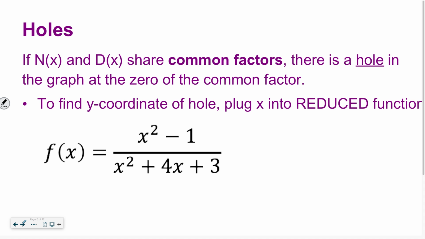If the numerator and the denominator of n of x over d of x share common factors, there is a hole in the graph at the 0 of the common factor. To find the y-coordinate, plug x into your reduced function.